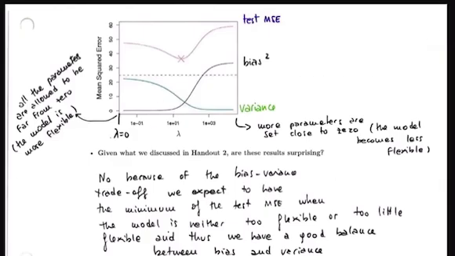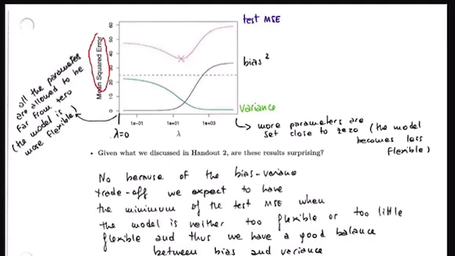Now, what you have here is the mean square error. We want to know what is the optimal value of lambda that is going to work. Don't forget, lambda, the tuning parameter, is the one that determines the strength of this regularization. We want to know from the data set the one that's actually going to work. Now I said here, if all the parameters are allowed to be far from zero, then the model is going to be more flexible.